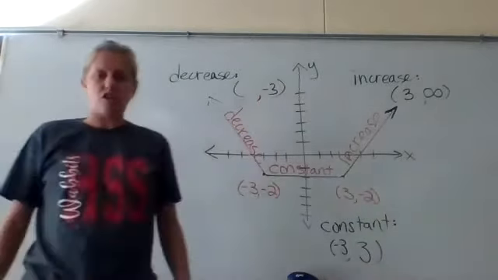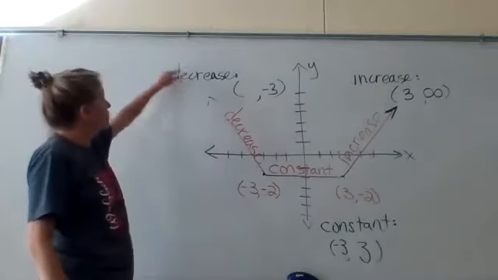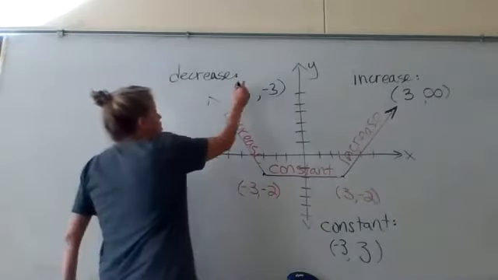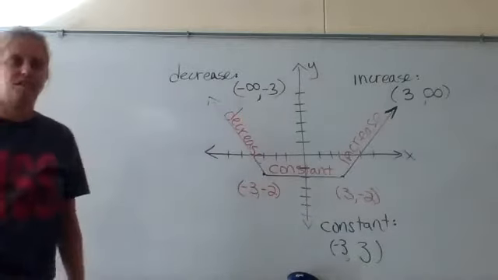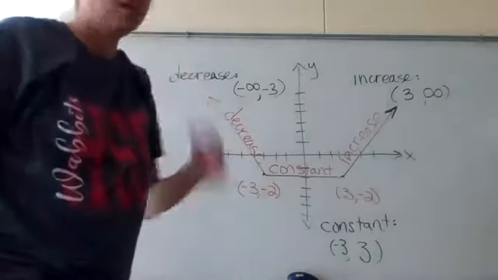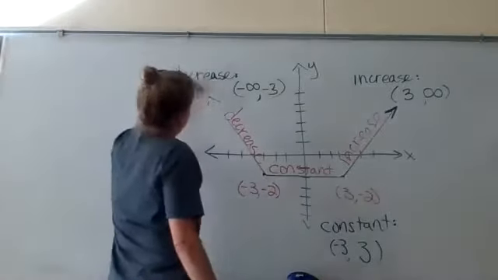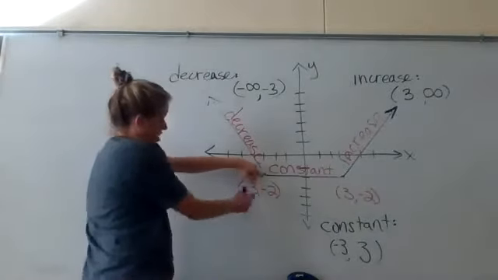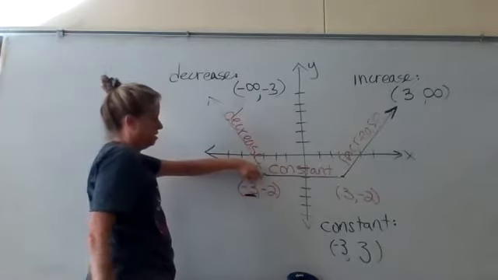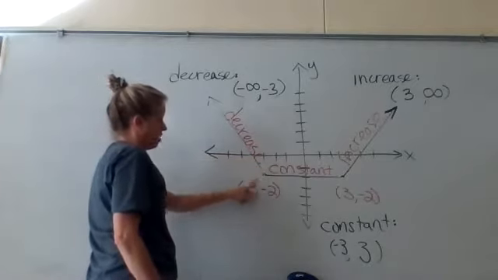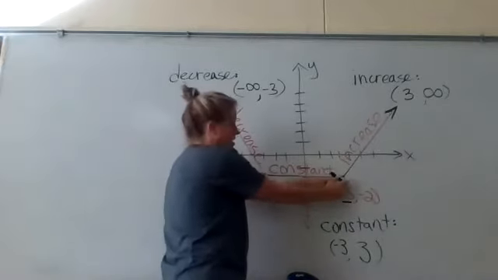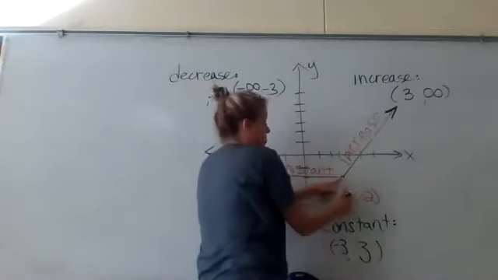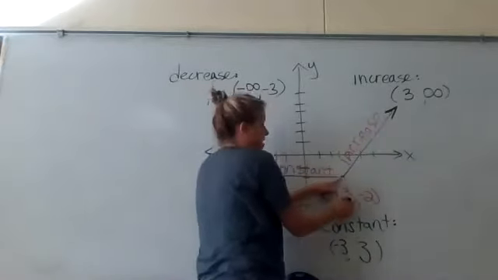Where did it start decreasing? When your arrow goes forever to the left, that means it's starting to decrease at -infinity. So again, it decreases from -infinity to -3, because I always use the x coordinate. It's constant from -3 to +3. And then it starts to increase at +3 and increases forever to infinity.